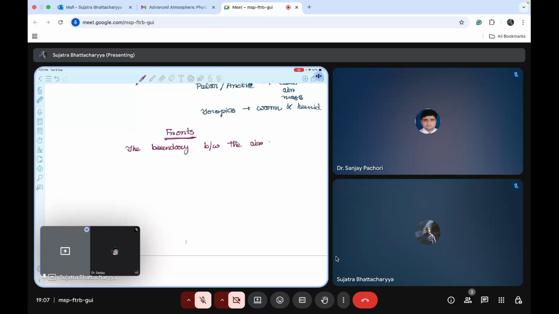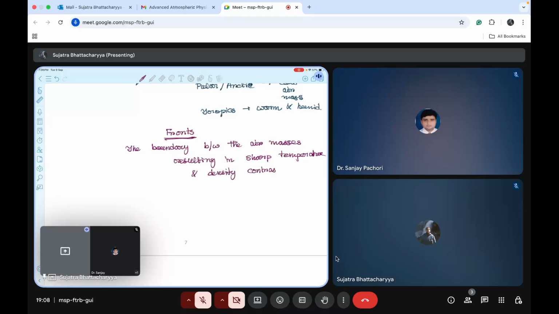So these are all definitions, nothing very important. Air masses resulting in sharp temperature and density contrasts.